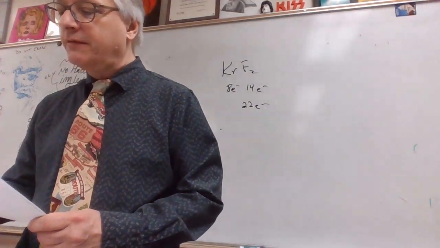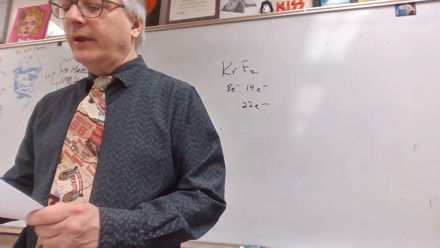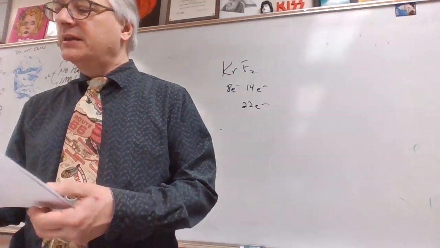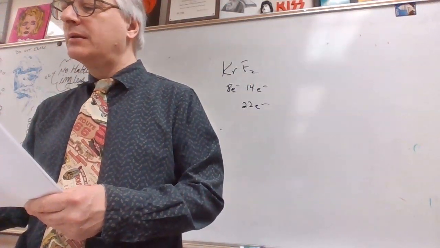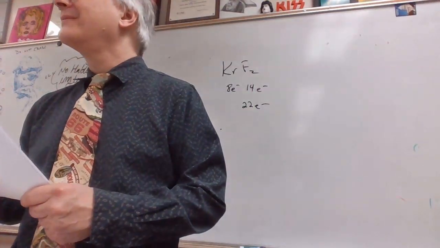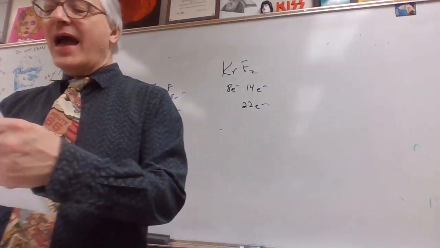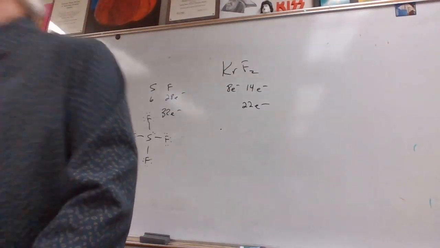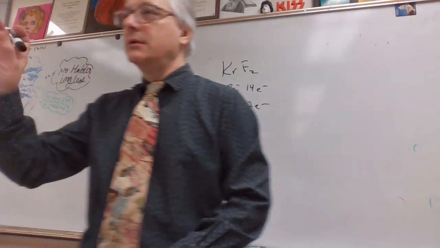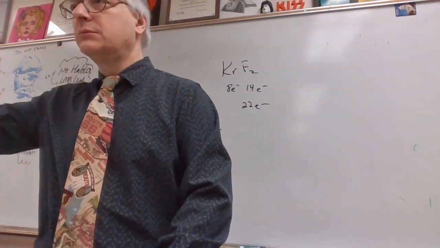Skip the bond energy stuff. Number 23, as the number of covalent bonds between two atoms increases, the distance between the atoms what? Decreases. And if you had a guess about the strength of the bonds, which do you think would be the stronger bond? Single, double, or triple?